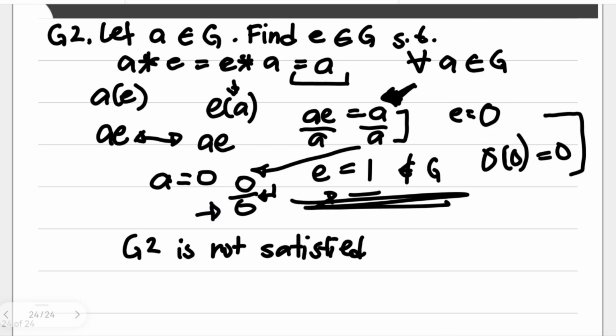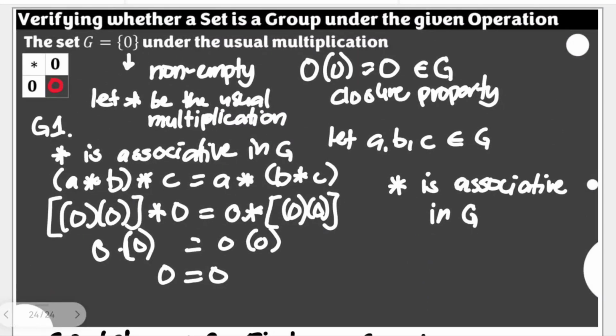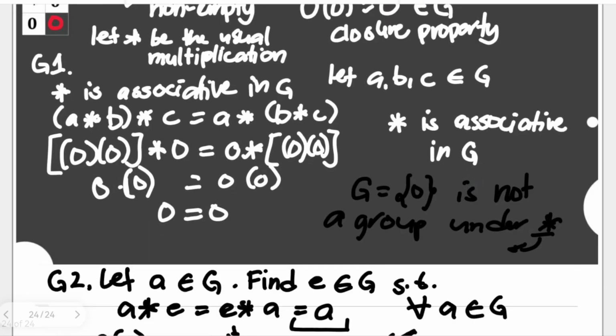Just from G2 itself, we can now say that G, which is the set containing 0, is not a group under star, which we defined earlier as the usual multiplication.